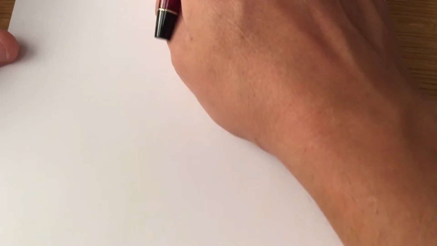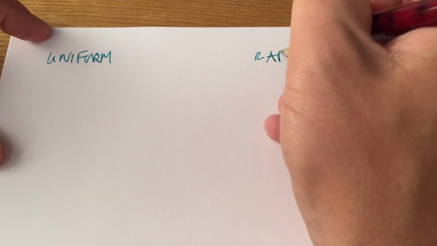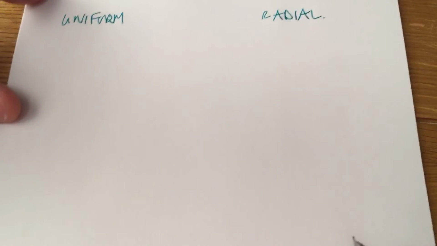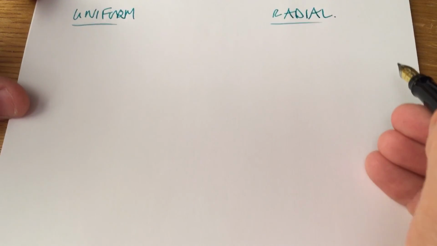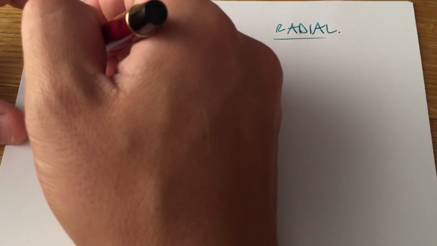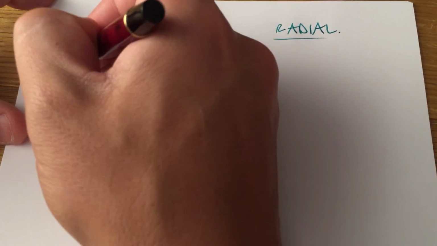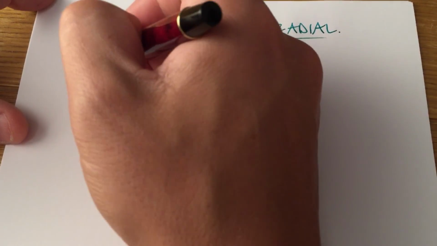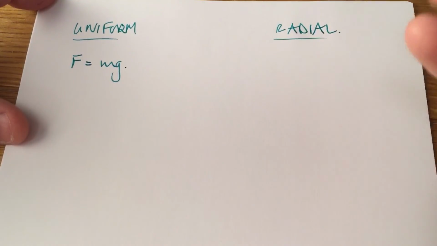Okay, so let's just recap here because it gets a bit crazy. We have uniform and we have radial. Let's start right from scratch. The force is mg.